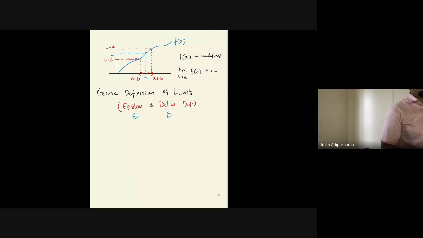So again, epsilon and delta is a distance from A and L to some small number. Let me write some words first.